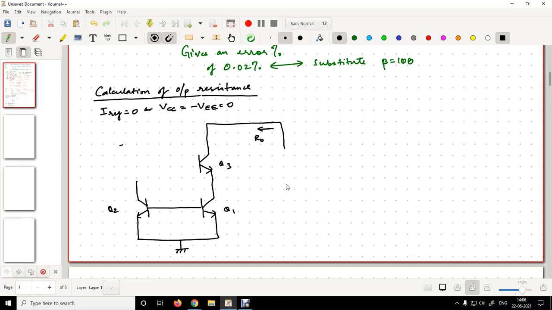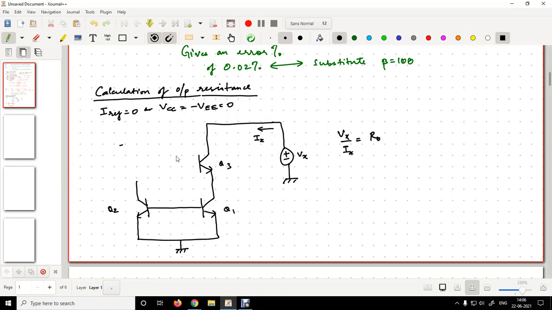Okay, so what I'll do is at the output side I'll measure this Vx like this, and the current flowing like this I will call it as Ix, such that Vx by Ix will give me R naught.